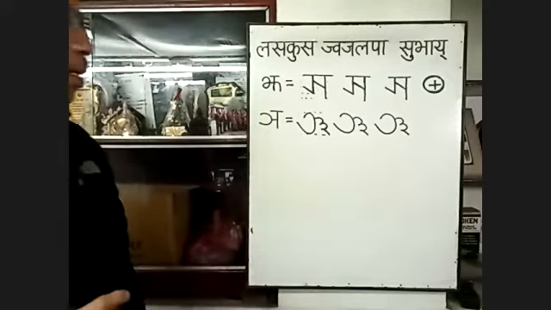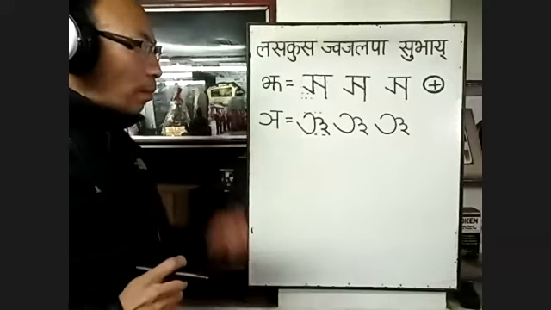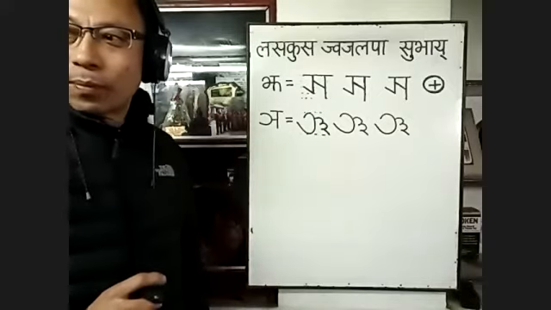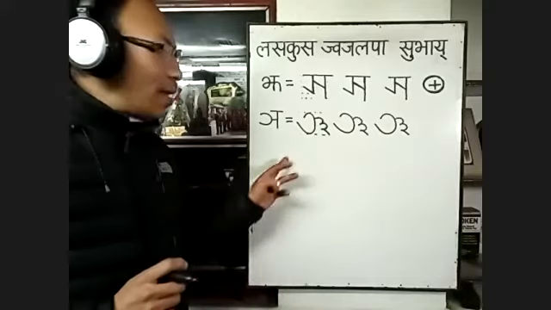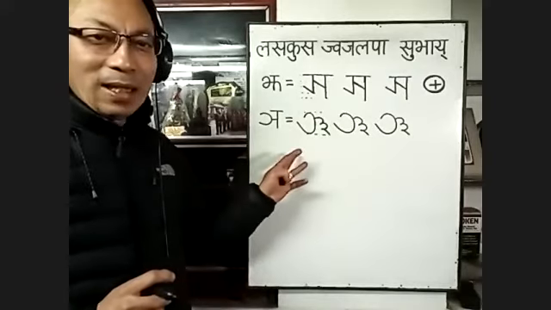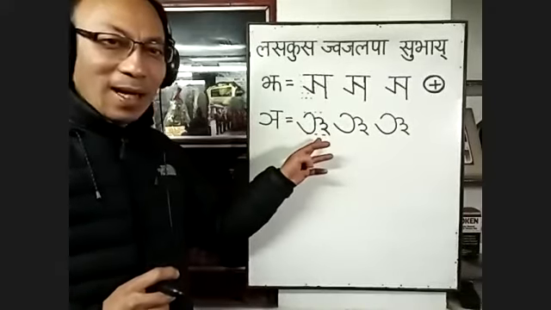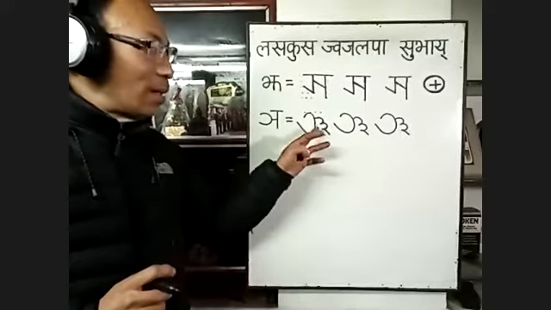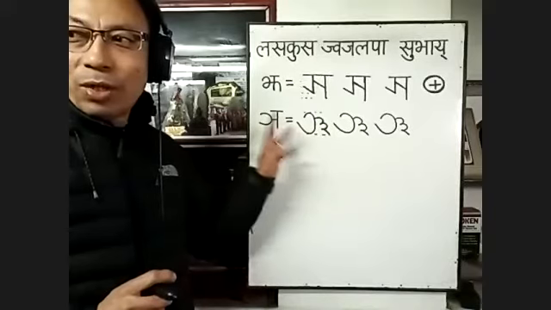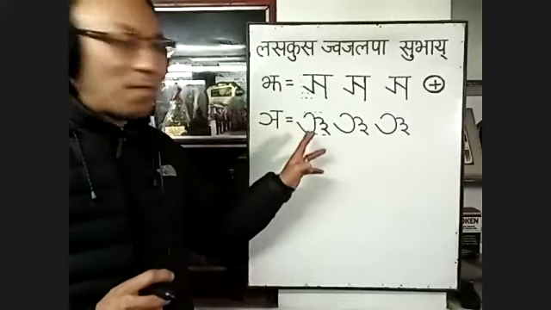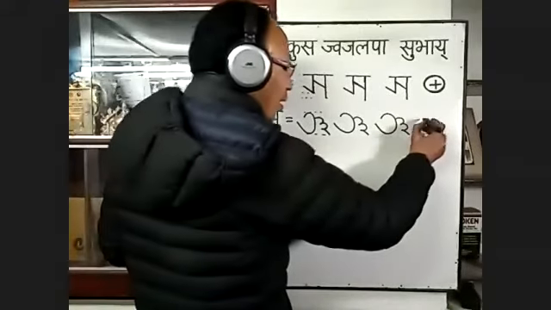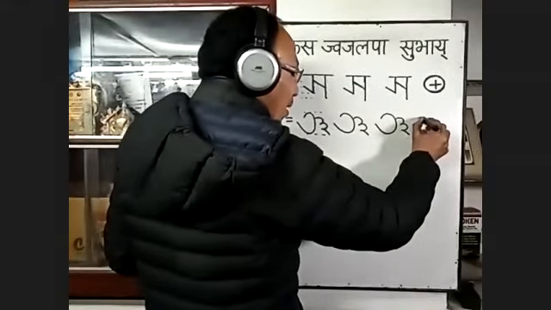And this is the only letter which has the La, and it does not have Mo. So it has two characters. It doesn't have Mo, and it has La. So we will give this letter two signs.